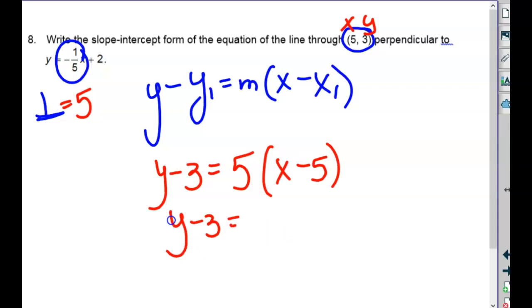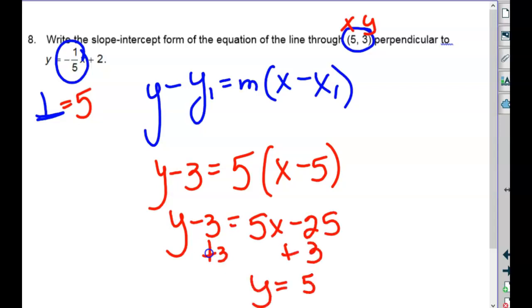So we have y minus 3 equals 5x minus 25, plus 3 would be y equals 5x minus 22. Now I could check that putting a 5 in here would give me 25 minus 22 is 3. And it indeed does have a slope perpendicular to that, so we're good. Questions?